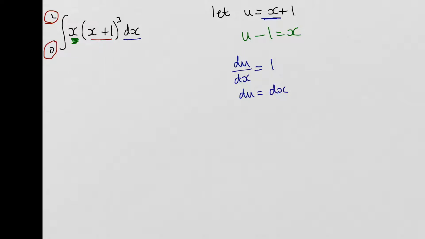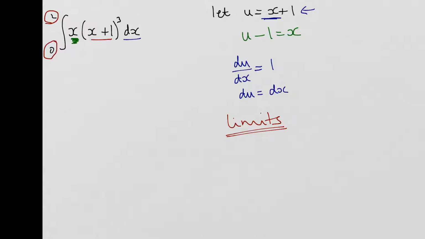Last but not least though, unless at the end of this question you're going to work by substituting u back for this x plus 1 expression here, and you'll see later why you might not want to bother doing that, we are going to need to address the limits.